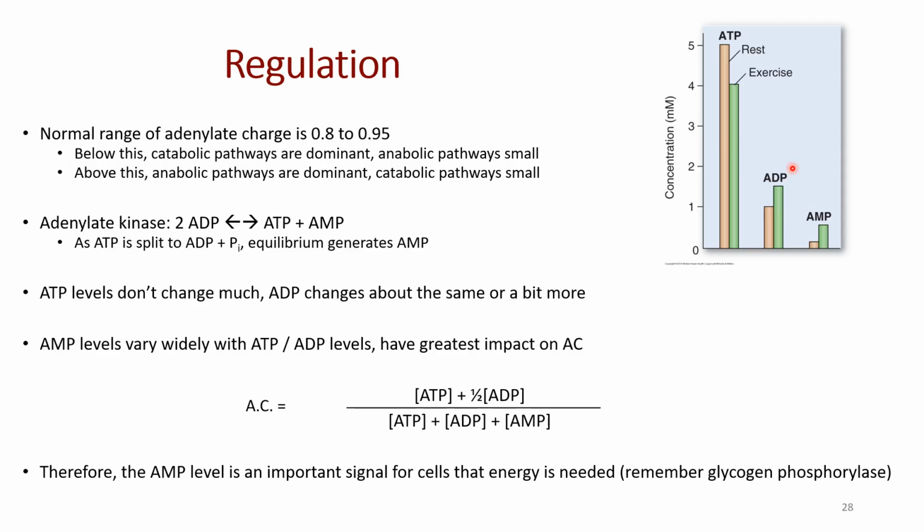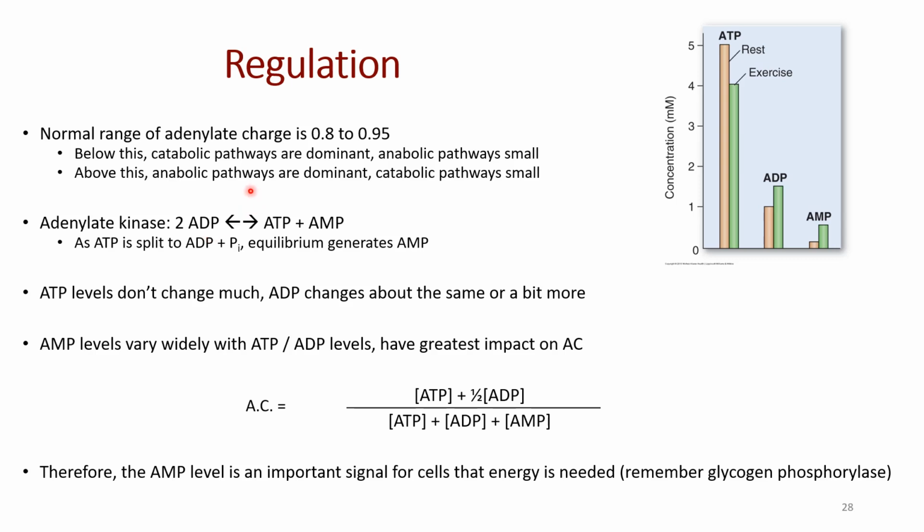There's another enzyme called adenylate kinase. The adenylate kinase takes two molecules of ADP, pulls the phosphate off of one ADP, and sticks it on the other ADP. So one ADP becomes an AMP, a monophosphate, and the other ADP gets a phosphate and becomes an ATP.